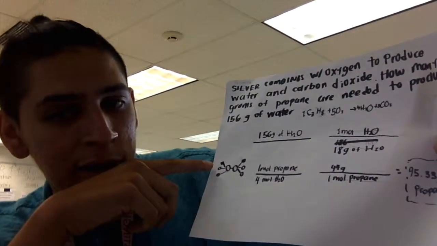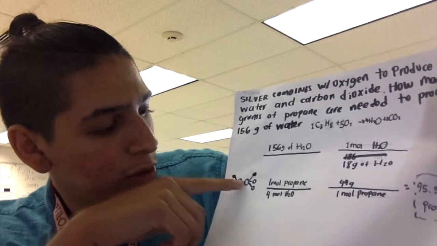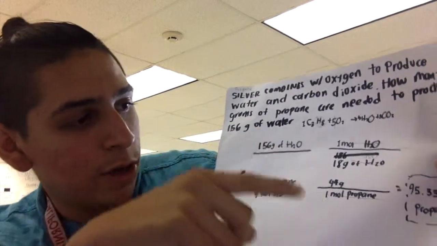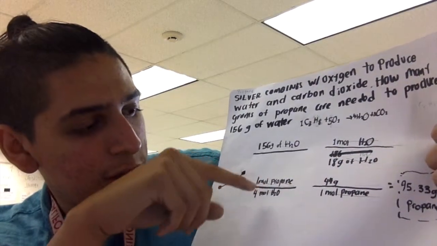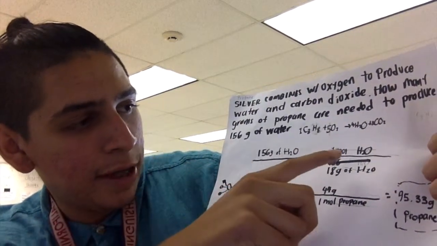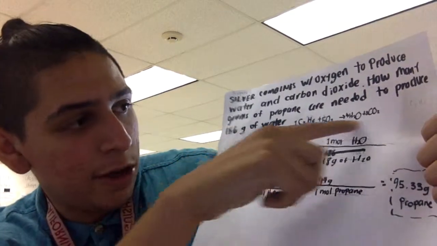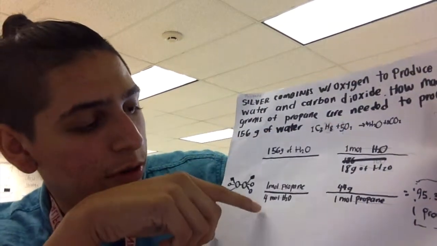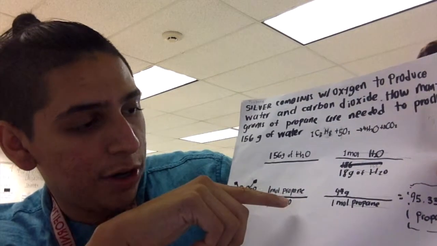If you're following mole island, you'll know that you go from grams to moles to grams again from the question. And the next step in the equation is getting 1 mole of propane and bringing down the 1 mole of H2O. But this time you're following from the equation. You notice there's 4 H2O, and you bring it down, and you get 4 mole H2O down here.